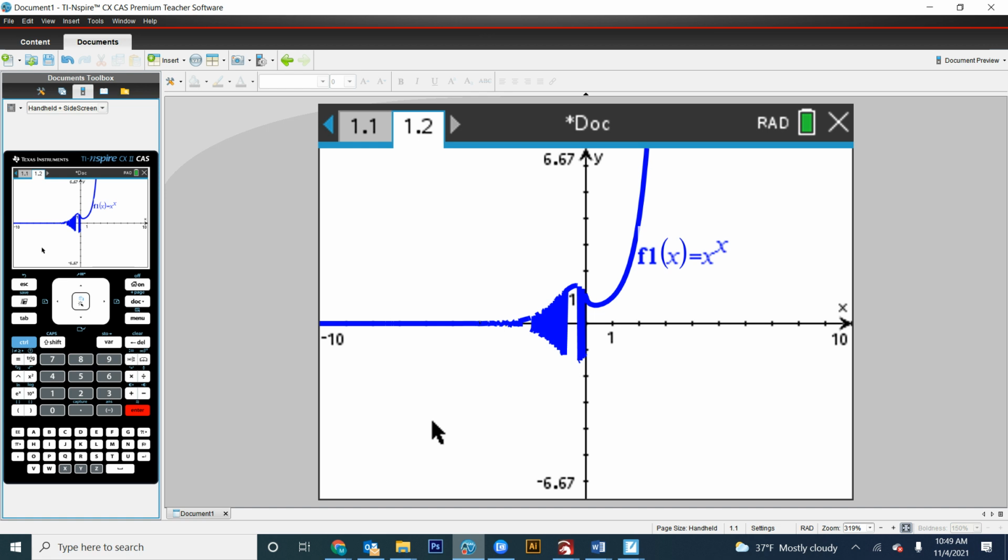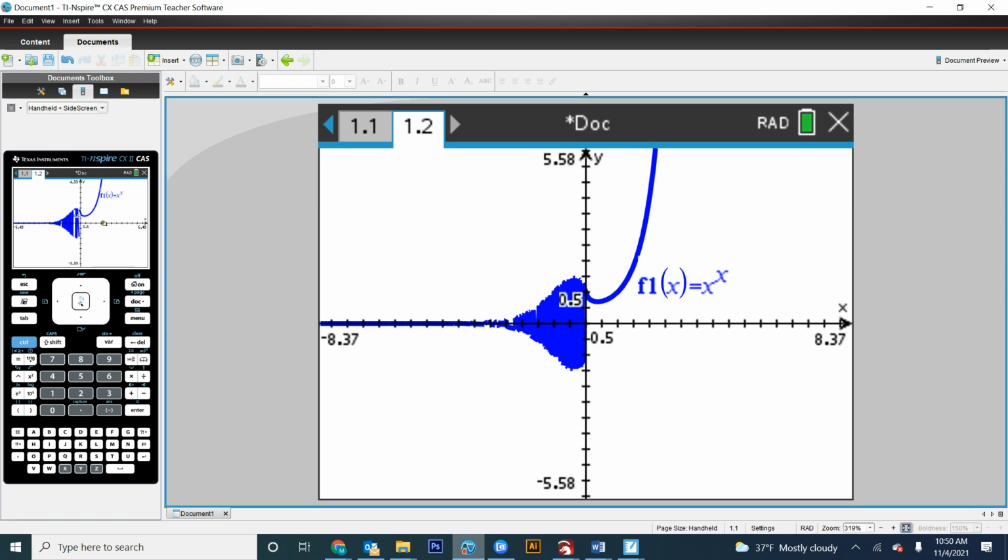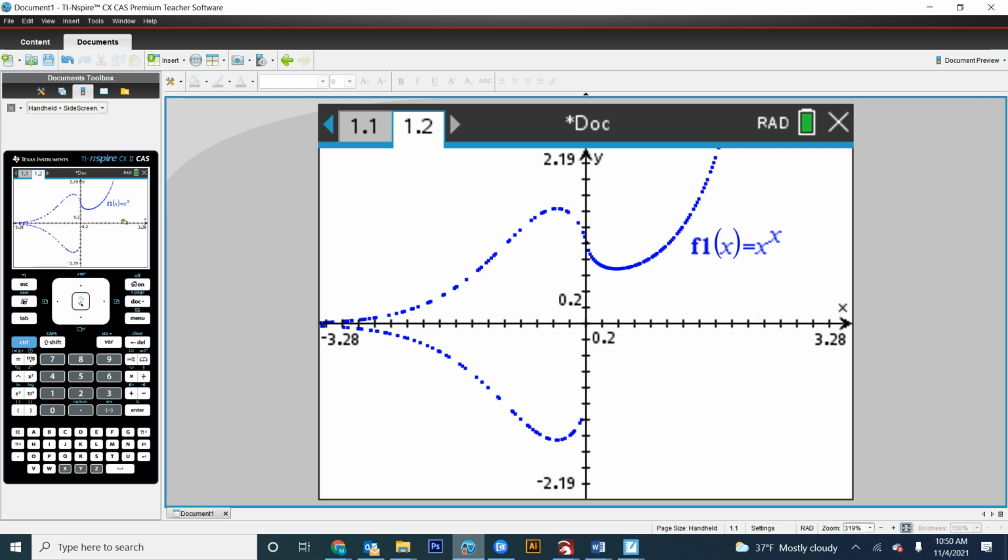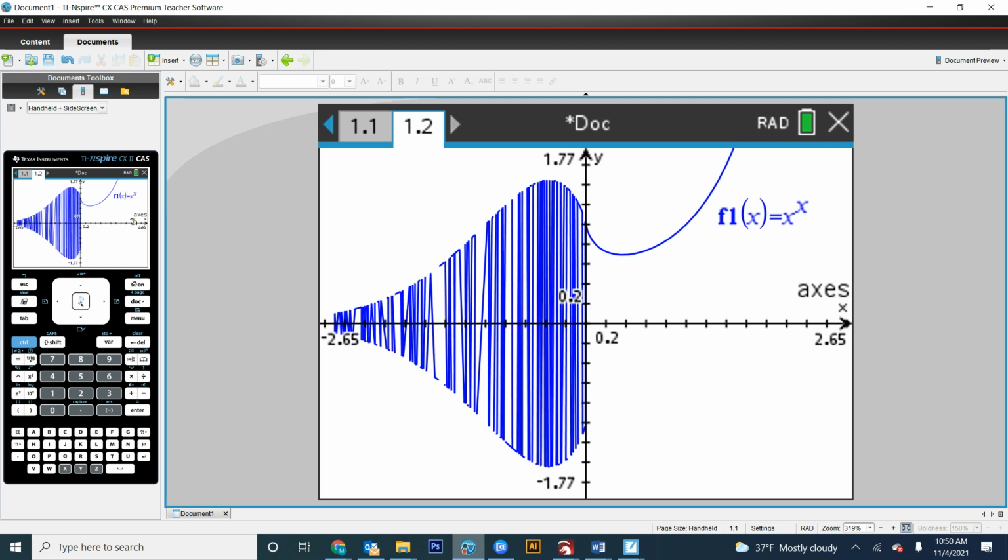Yeah, it looks like exponential growth. It's not. I've never seen a wonky graph. That is the one. Whoa, that's a pretty nice shape, right? Isn't it beautiful? It looks like a Christmas tree. It's like a Hershey kiss. Whoa. So what's f of 0?